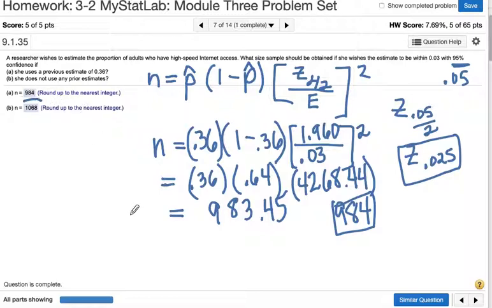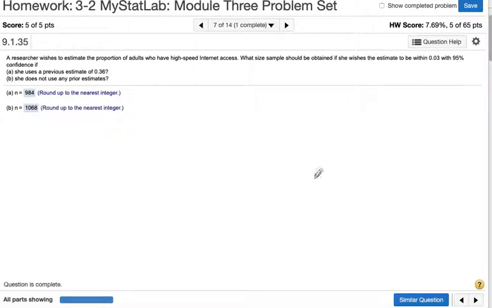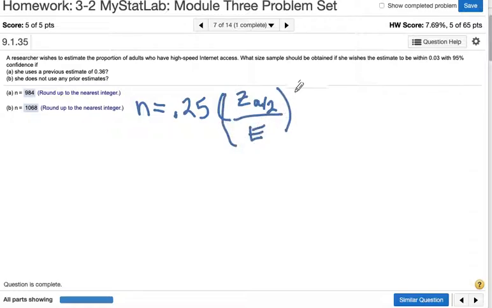All right, so now part B, she does not use any prior estimates. So let me clear this out. The formula to get that sample size is n equals 0.25 times the quantity of z alpha over 2 divided by the margin of error, and then that's being squared.